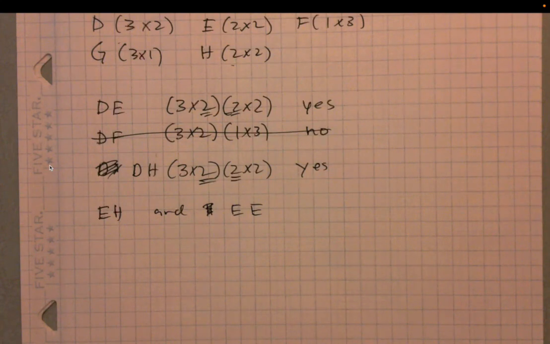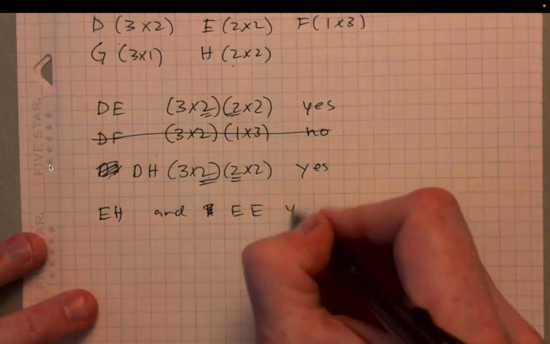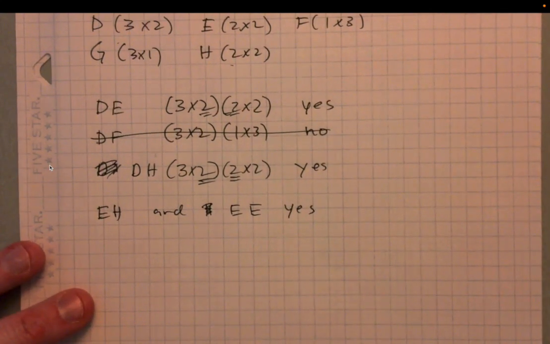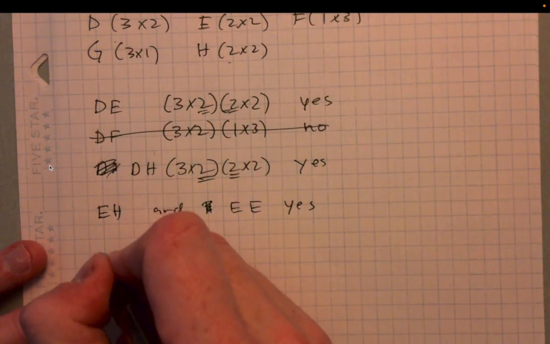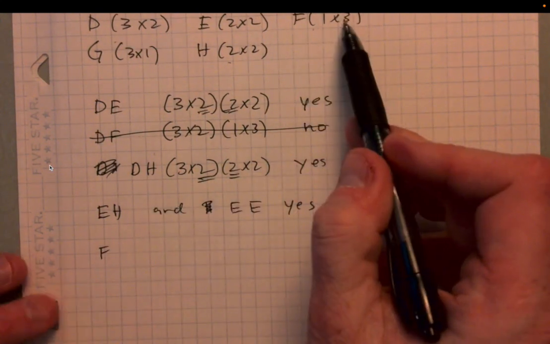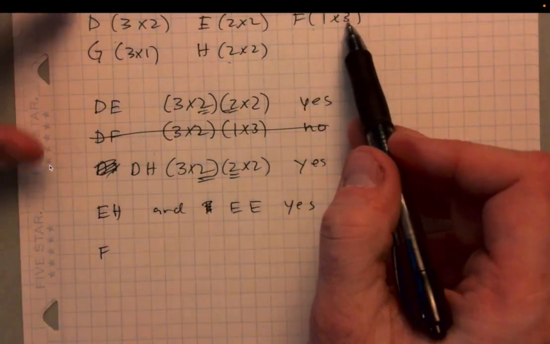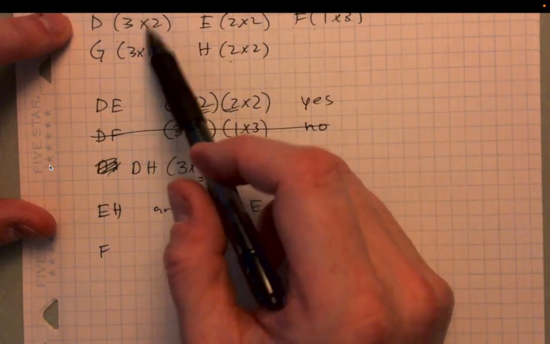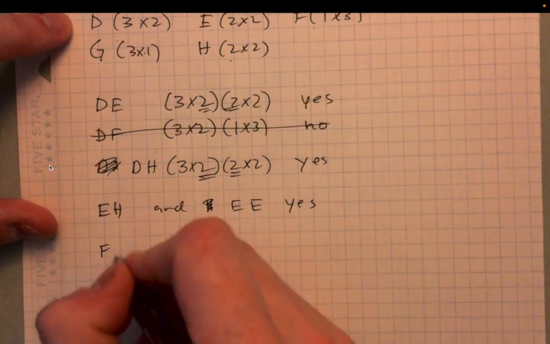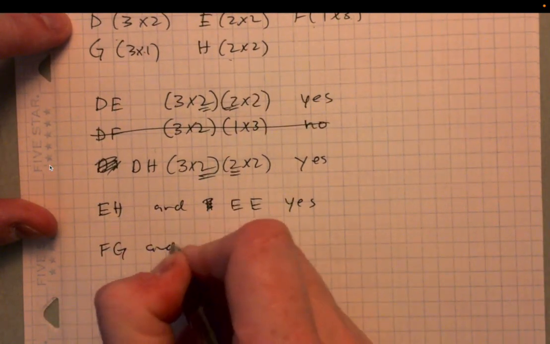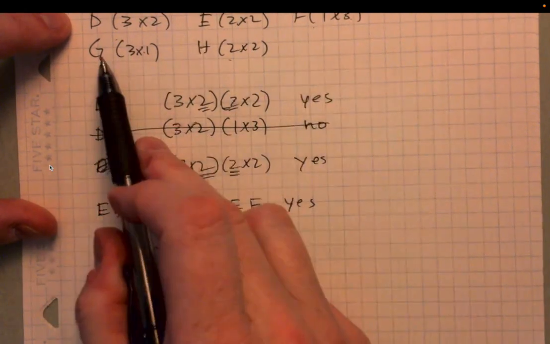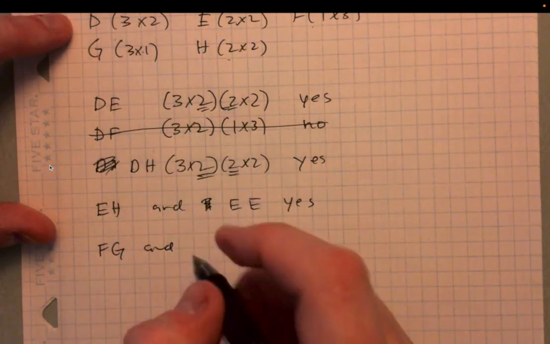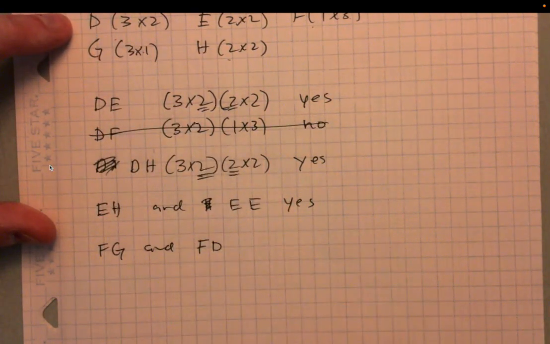It could also be multiplied with H. What about F? F is a 1 by 3, so are there any matrices that have 3 rows? Yep. G and D do as well, right? So F and G and F and D. Those both work.